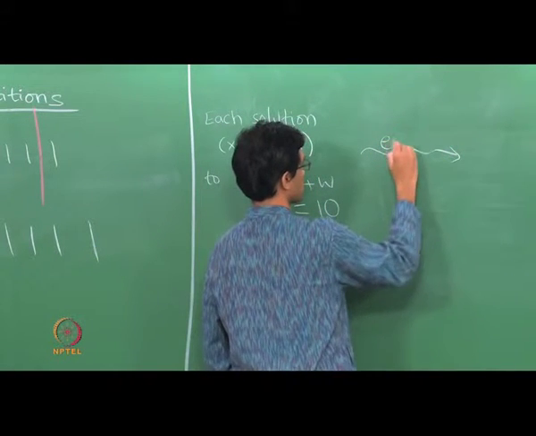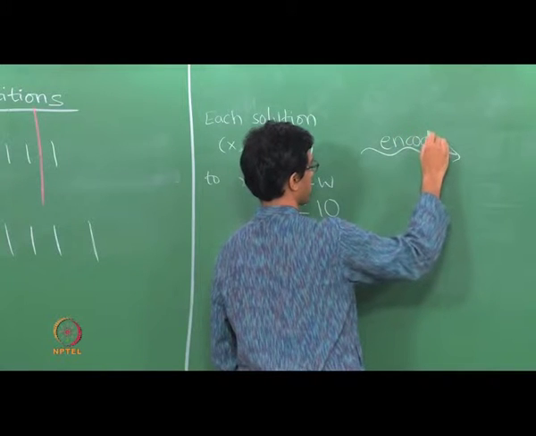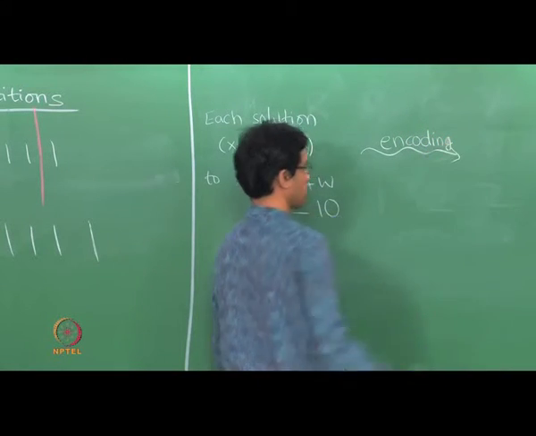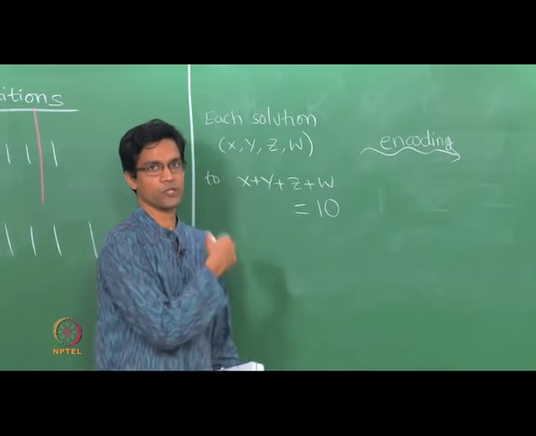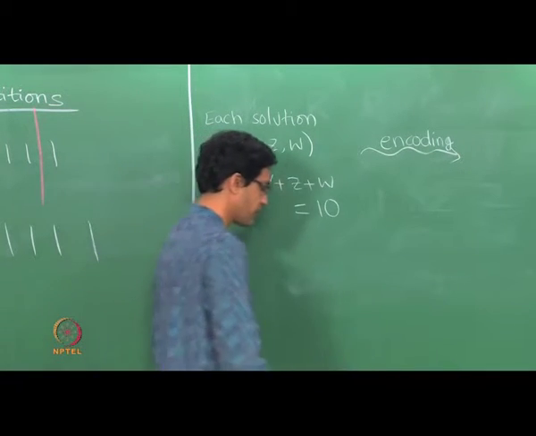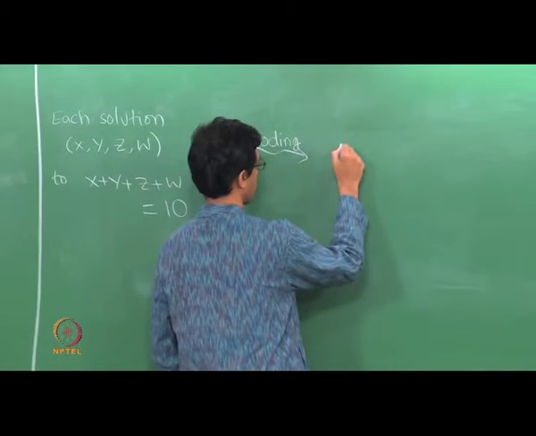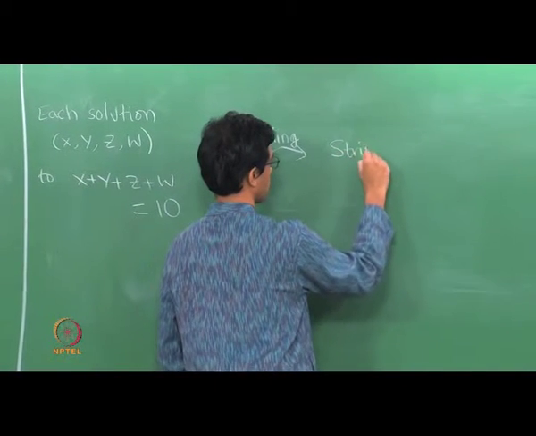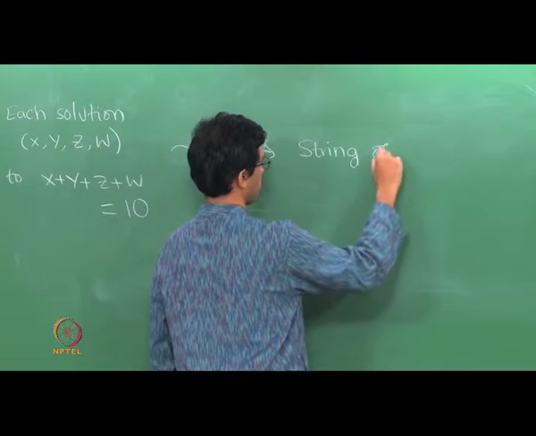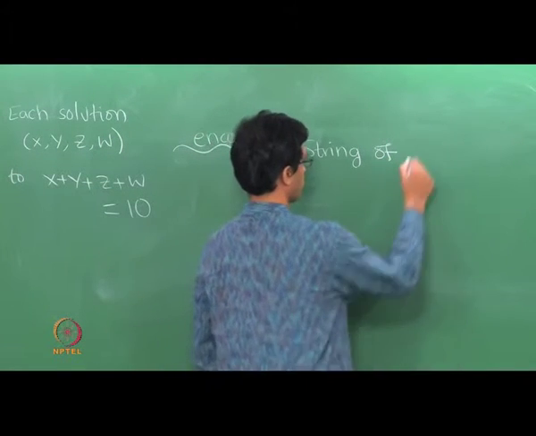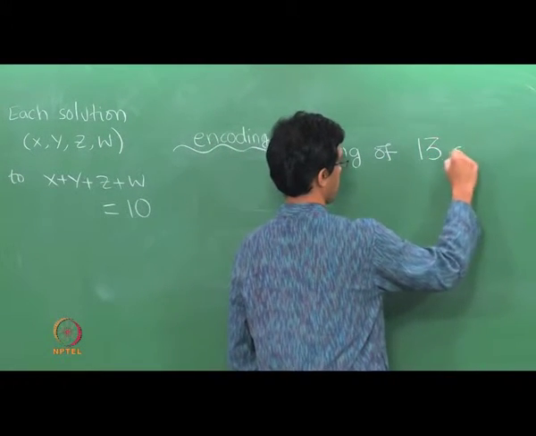So what we are doing is coming up with an encoding. We want to think of the same thing in a different way, which will be easier to count. It's encoded by a string, so a sequence of, well, it's a string of what? Well, of 13 symbols.